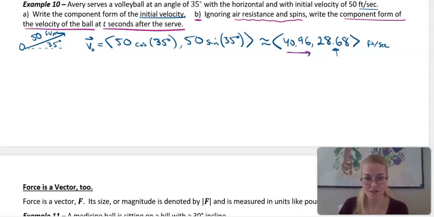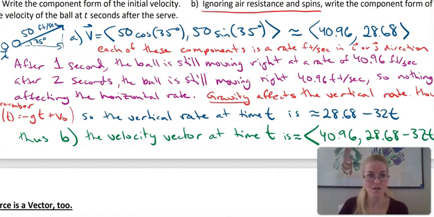So here's where I'm going to toggle quickly to this. After 1 second, the ball is still moving right at a rate of 40.96 feet per second. After 2 seconds, the ball is still moving right at 40.96 feet per second. So what's happening? Nothing is happening to change the horizontal rate.